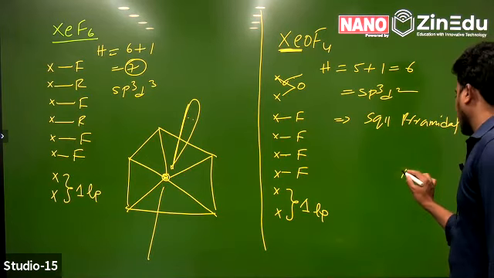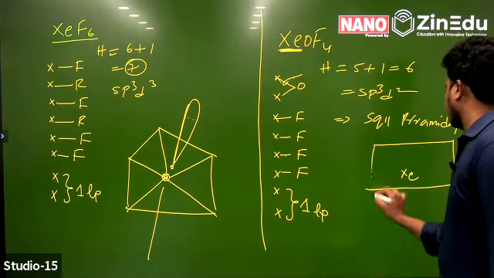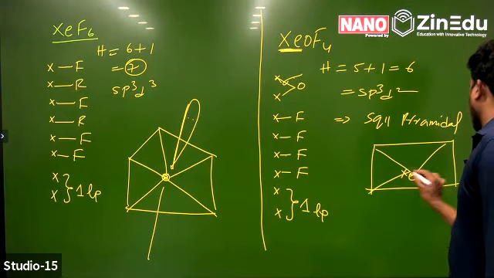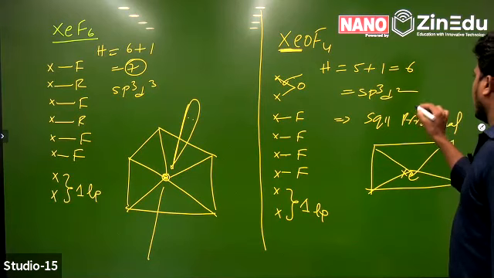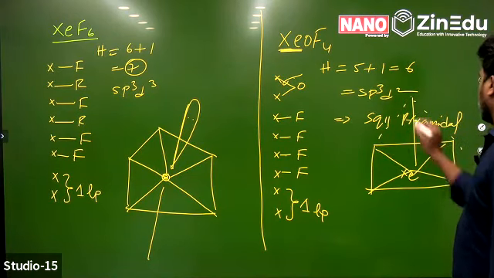This is the central atom, and here we have one more like this. This is square pyramidal geometry.